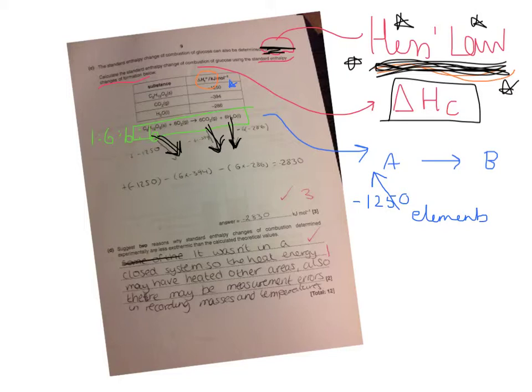I'm going to just change my colour, just bear with me a second. I'll see this colour shows up, it's going to be a lilac. Now the amount of energy that it takes to form 6 moles of CO2 is going to be 6 times -394.